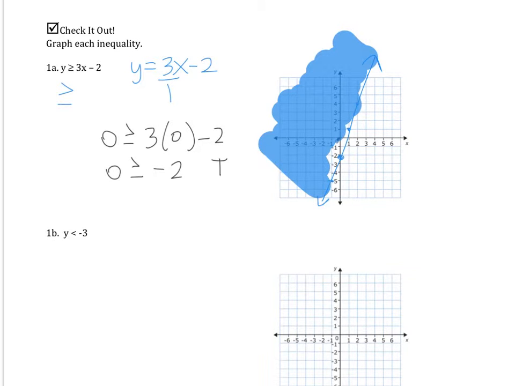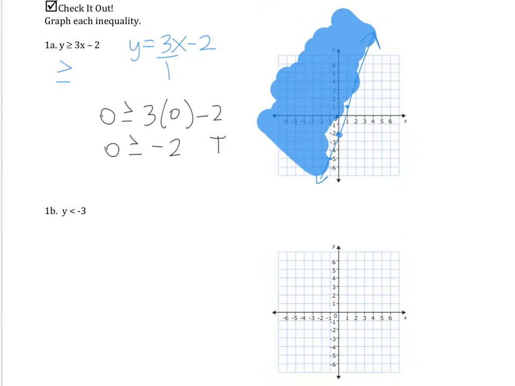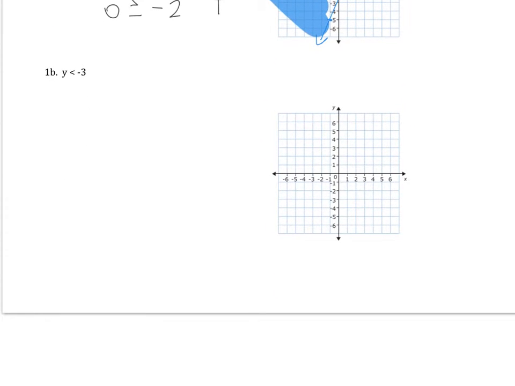It is a greater than or equal to, so it is solid. Test a value. Again, you can test 0, 0 for this because it does not rest on the line. And testing that, it ends up being true, so you shade where the 0, 0 is.